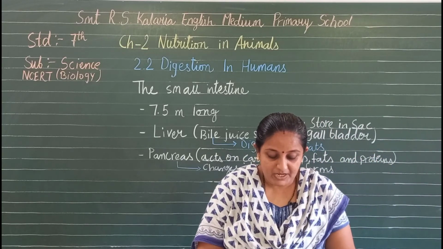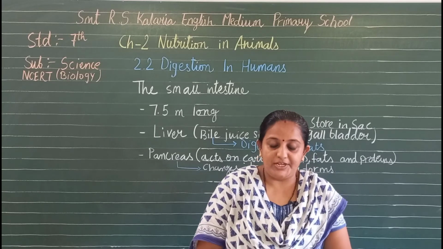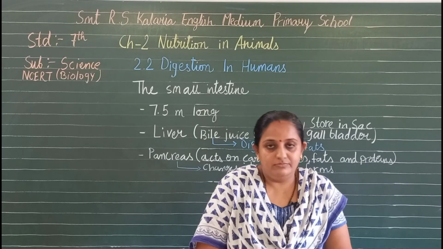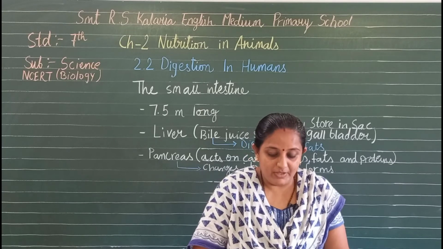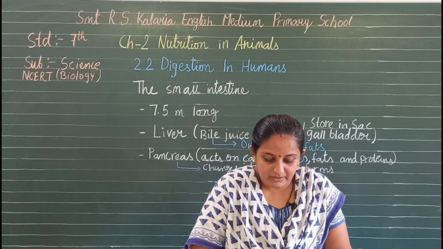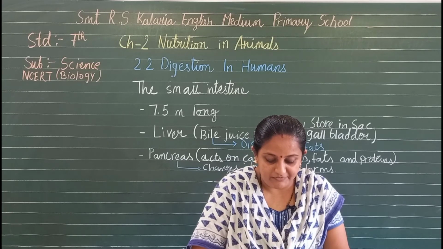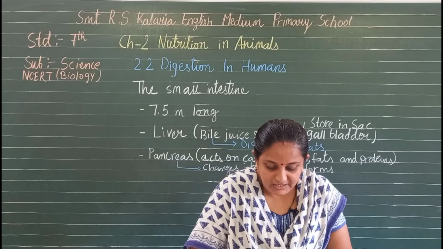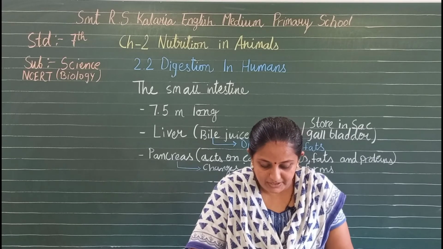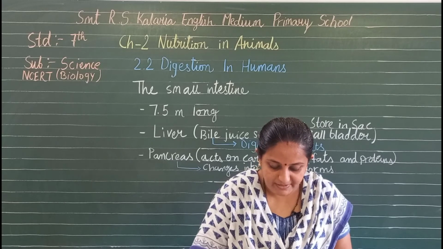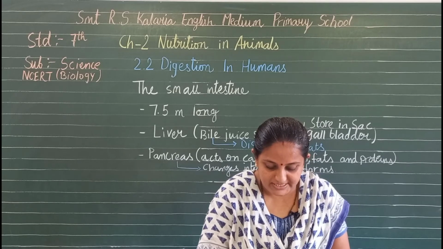Now the small intestine is divided into three parts: duodenum, jejunum and ileum. Partly digested food now reaches the lower part of the small intestine, where the intestinal juices complete the digestion of all the components.